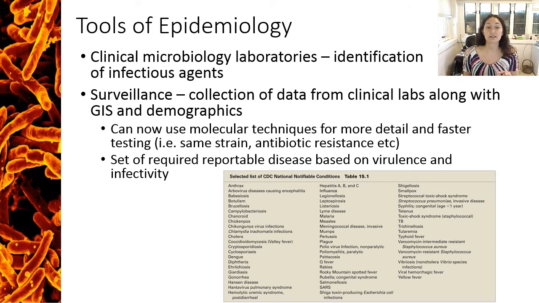A lot of the diseases on the notifiable list are either pretty contagious, spreading through populations so the public health department wants to know about it, or highly virulent, so we need to make sure we're notifying people that these virulent diseases are in the population. The public health department then takes those reports and can build this surveillance and collection of information to do descriptive epidemiology and analytical epidemiology with.